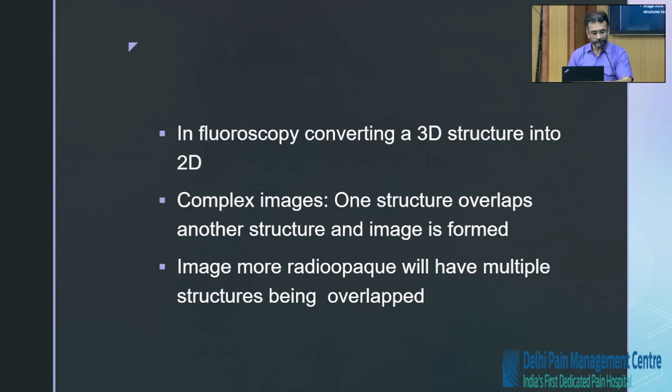The third thing is that structures which have multiple structures behind them will be more radio-opaque. This is common. Therefore, when it comes to the spine, there are two structures which will be most radio-opaque: the pedicle and the spinous process.